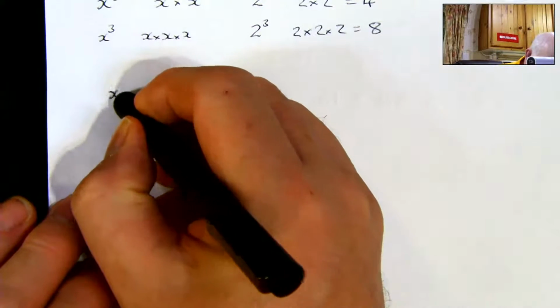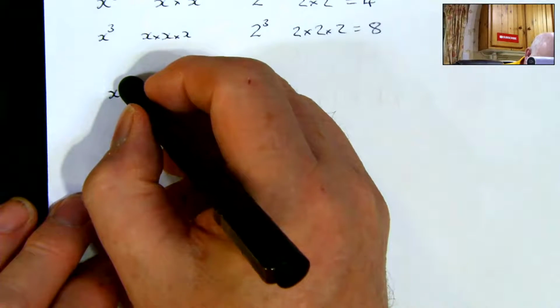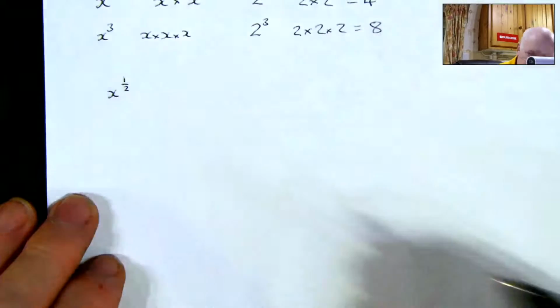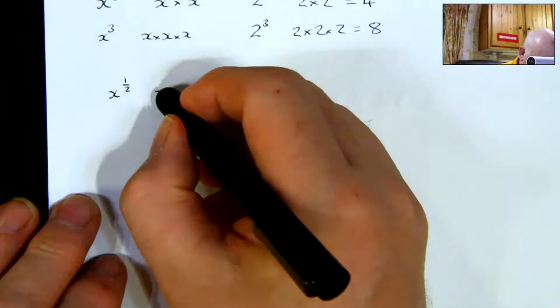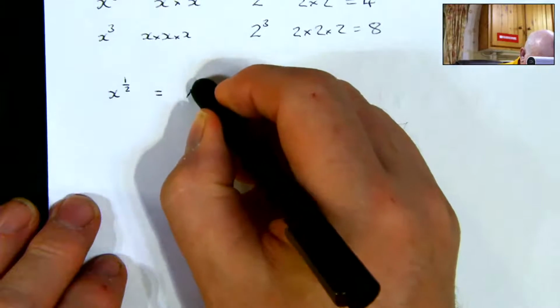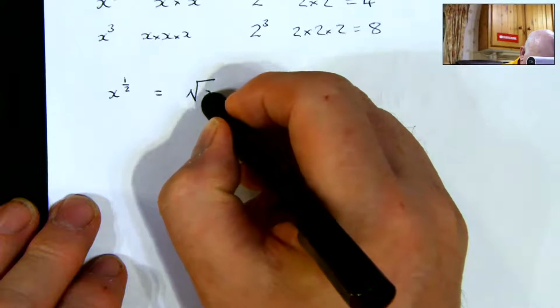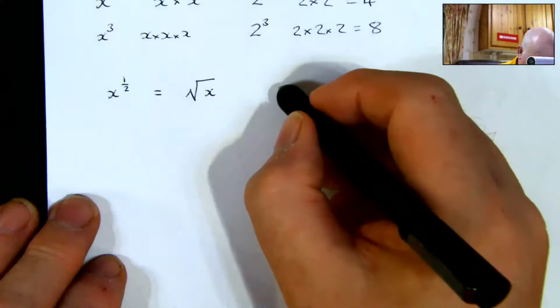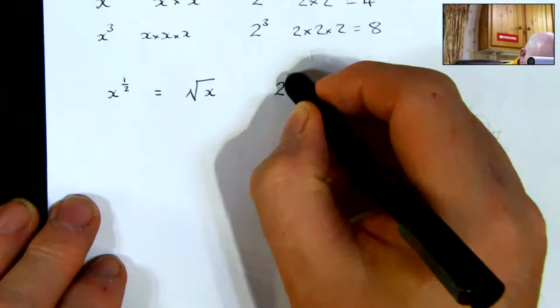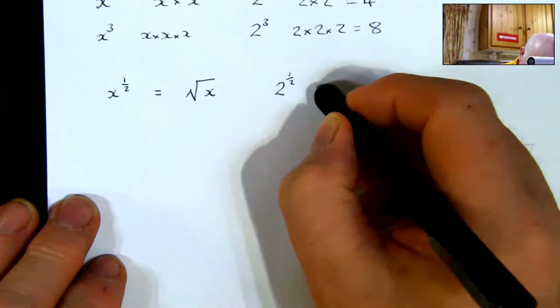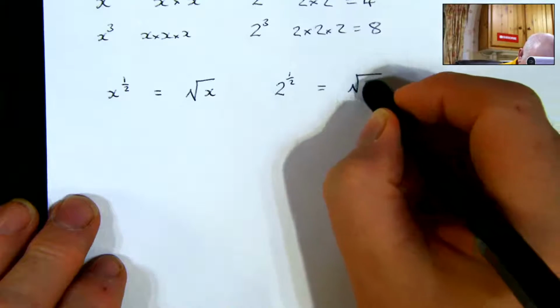Okay, let's see what else we can discover. If I've got x to the half, this is one you just have to know. This is simply the square root of x. Do it with our 2. 2 to the half becomes the square root of 2.